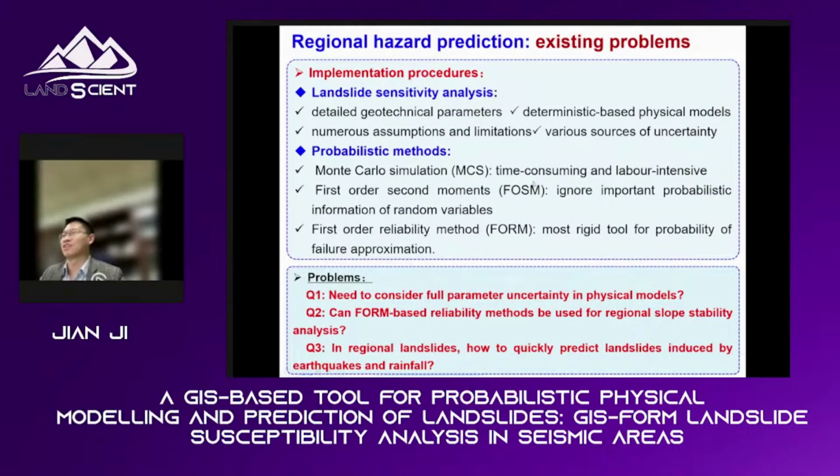There are also other alternative probabilistic methods, like the first order reliability method, etc. The focus of our work is to use the first order reliability method to produce the failure probability in the landslide region.